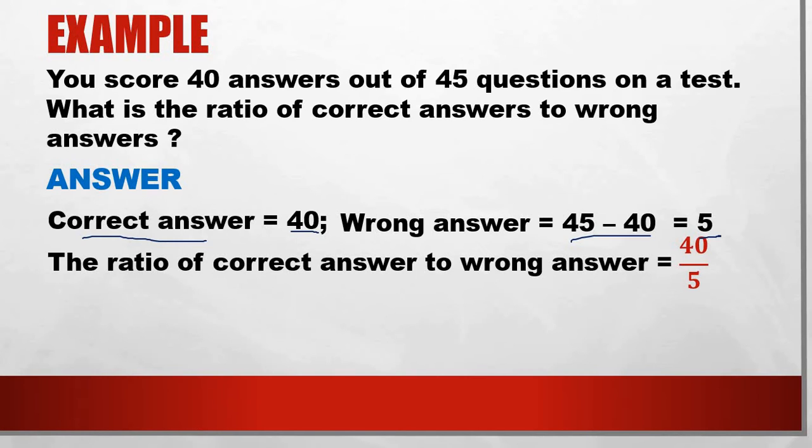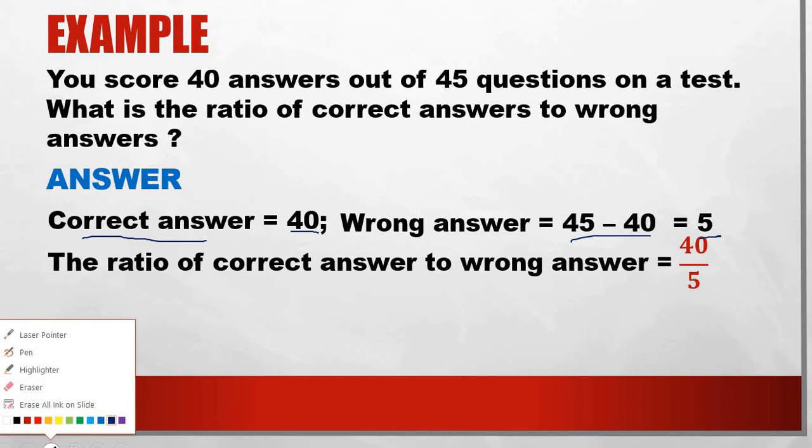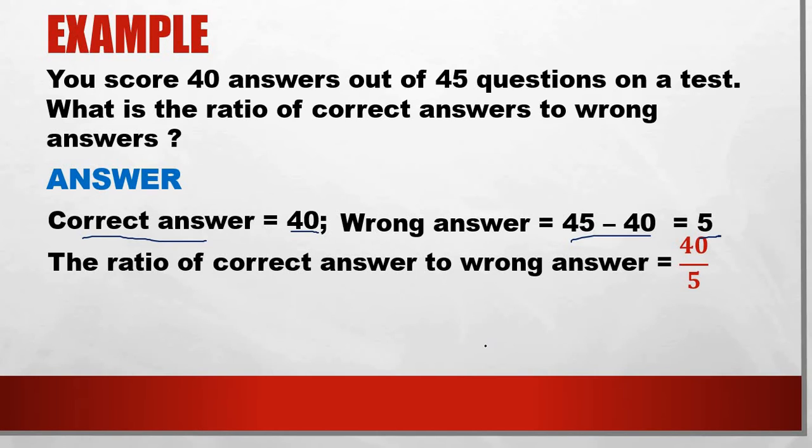We divide by 5. 5 into 5 gives me 1, and 5 into 40 gives me 8. I don't think any other number can divide, so we have them in their lowest term here.